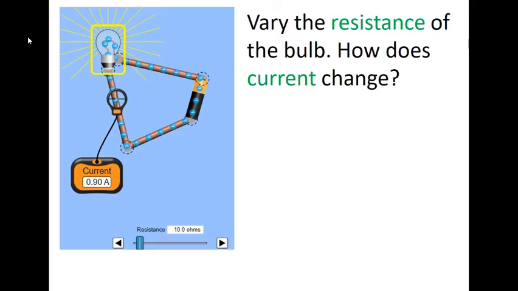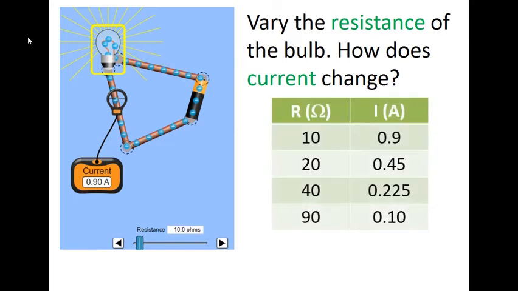We did the same thing by varying the resistance and looking at how that changed the current. So you clicked on the light bulb, you could scroll and change the resistance up or down, and you looked at how that affected the current. And you found that that was an inverse relationship. Again, I didn't have you write down data, but if I had asked you to, you would have written down something like this, that as the resistance goes up, the current goes down.